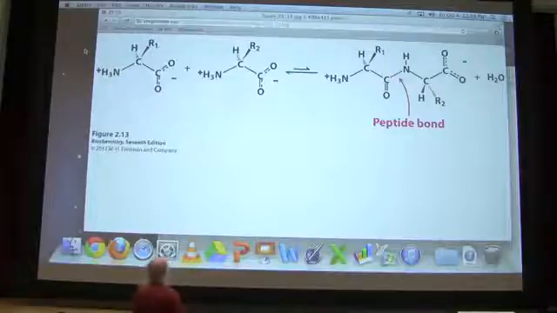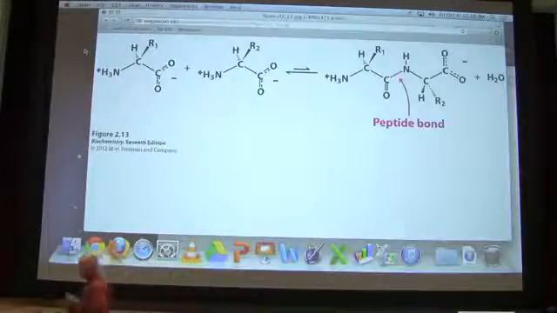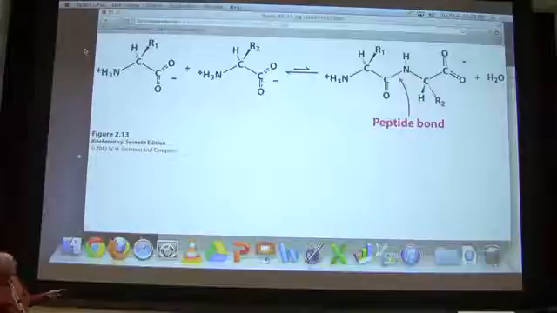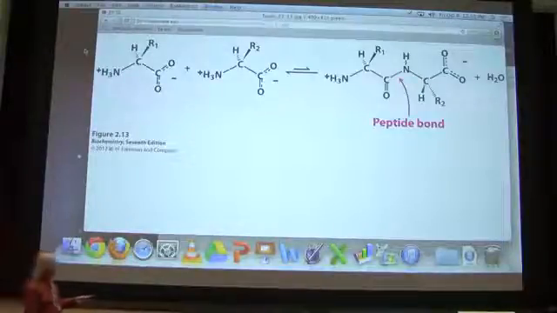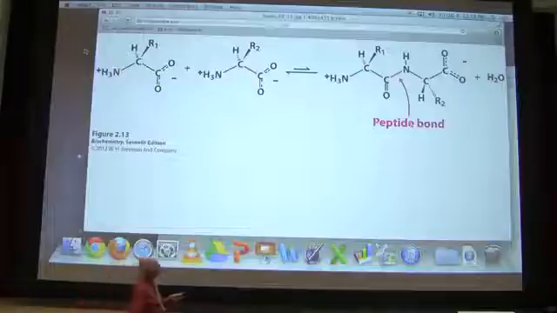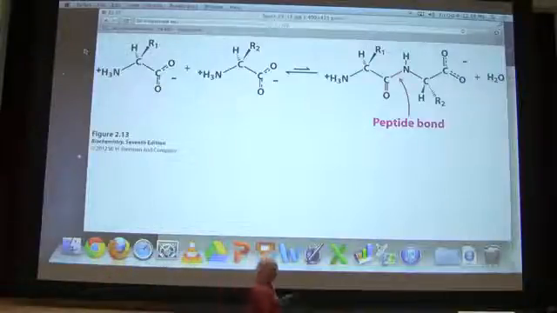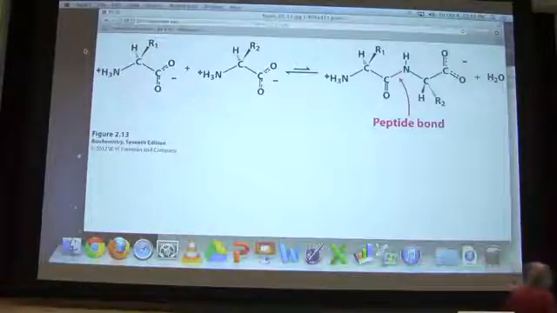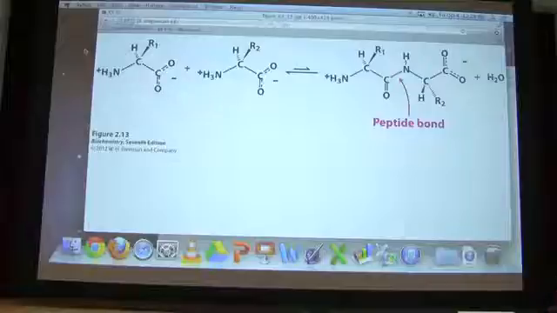One end is called the amino end, which is where the only free alpha amino group will be. I say free because it's not bound to anything else. And it will have a carboxyl end, which is where the only free alpha carboxyl will be found. The amino end has the only free alpha amino. The carboxyl end has the only free alpha carboxyl.